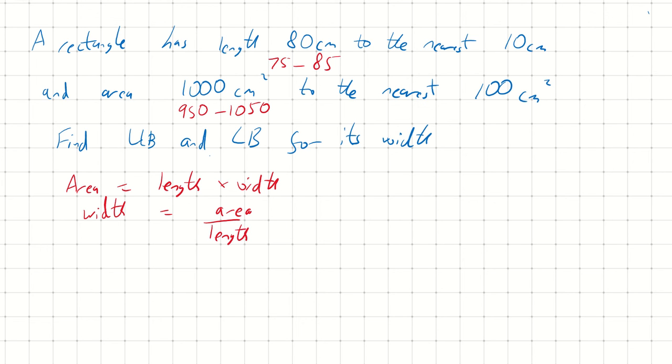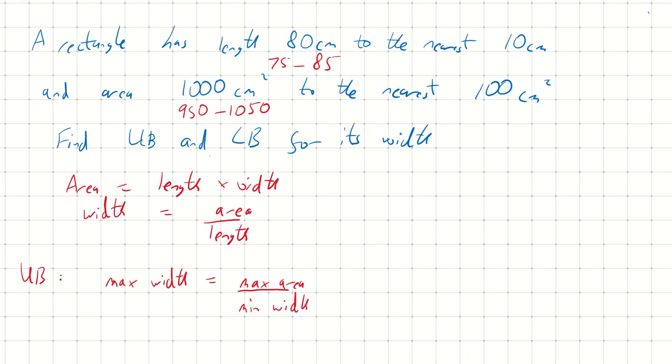Now, to find the UB for width, that's the maximum width. Since width is area divided by length, to make that as big as possible, we want the thing on top, the numerator, to be as large as possible. So we want the maximum area, and we want to divide that by the minimum length.